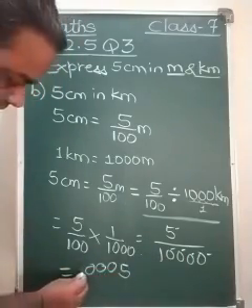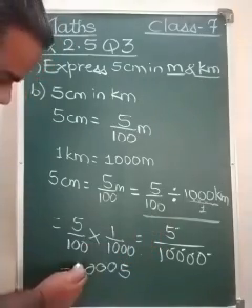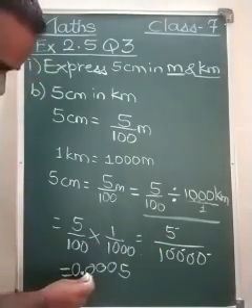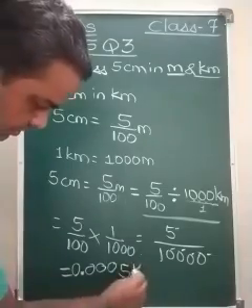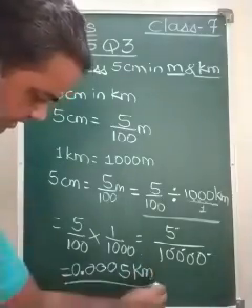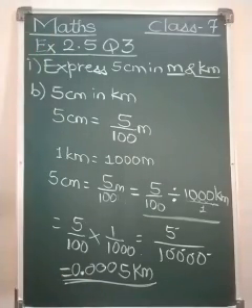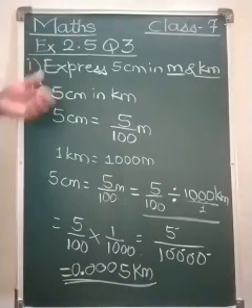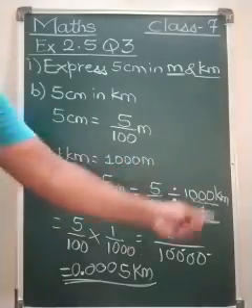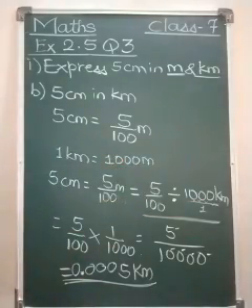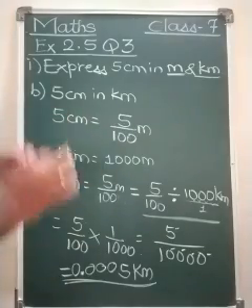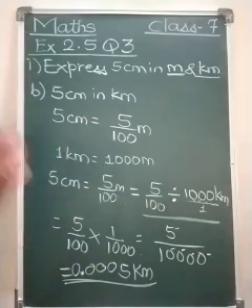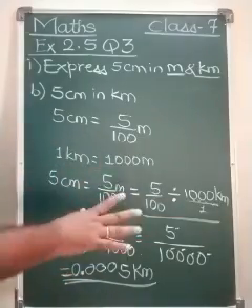When 1 comes, decimal point, no figure, so 0. So 0.0005 kilometers. And done, our conversion is done. Once you practice like this, no conversion would be a confusion for you. You would always be 100% right if you follow these methods.